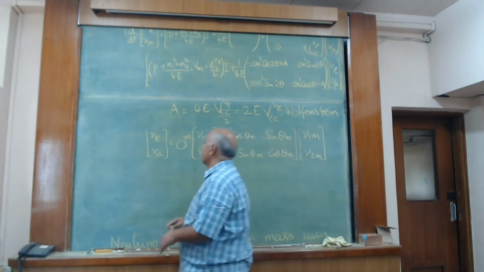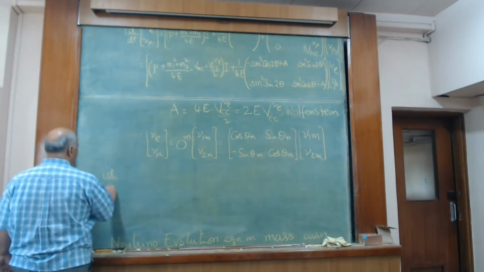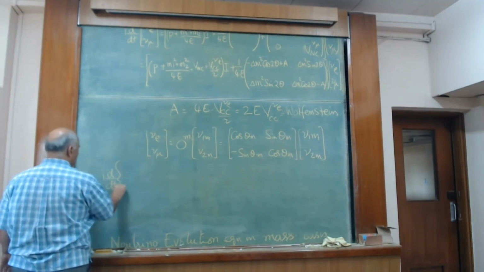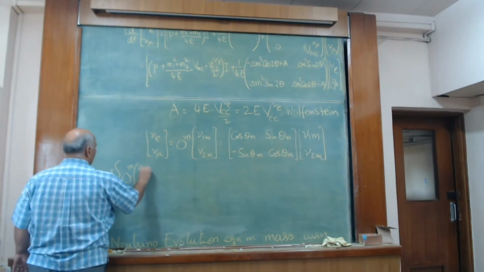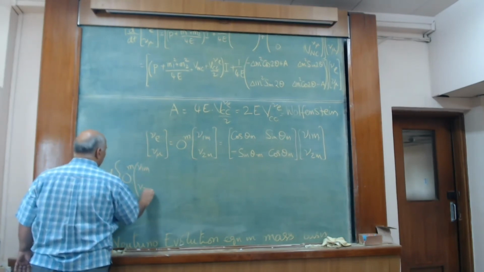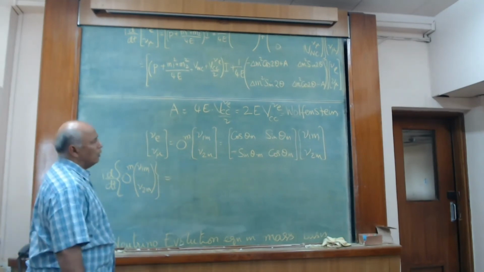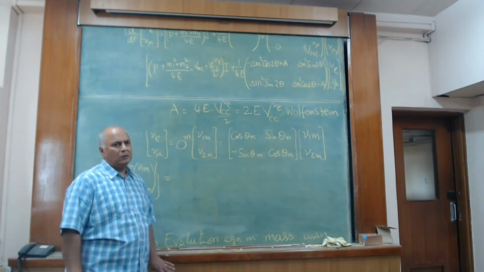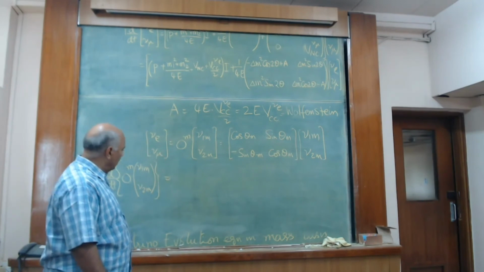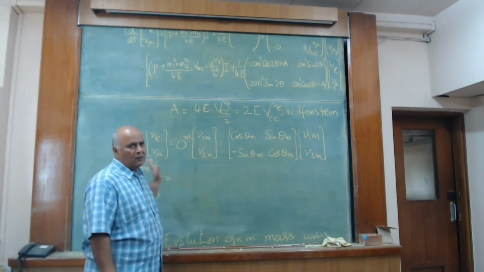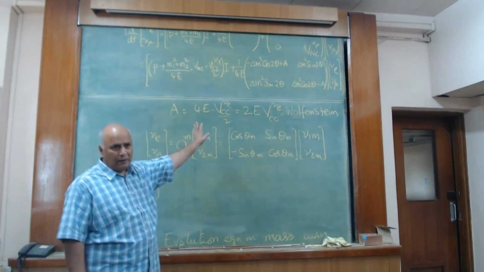So I have i d/dt of O_M (ν1m, ν2m) is equal to, by the way, to stop me from repeating unnecessary things, I will now drop things related to identity.